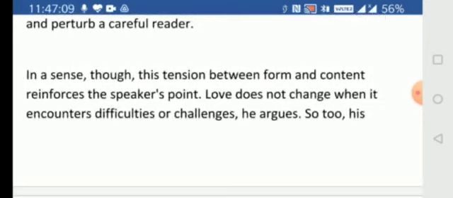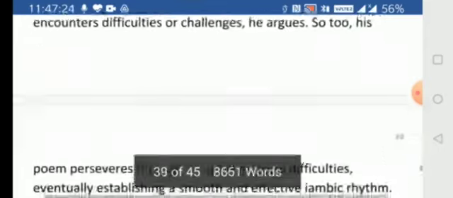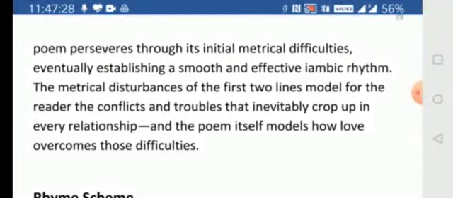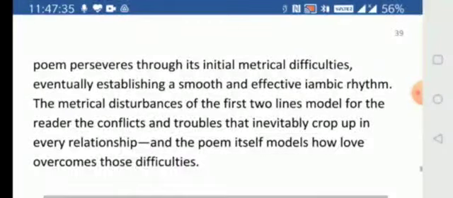In a sense, though, this tension between form and content reinforces the speaker's point. Love does not change when it encounters difficulties or challenges, he argues. So too, his poem perseveres through its initial metrical difficulties, eventually establishing a smooth and effective iambic rhythm.